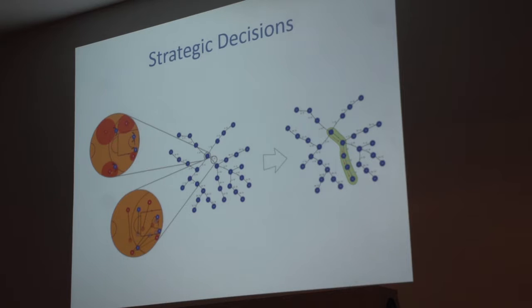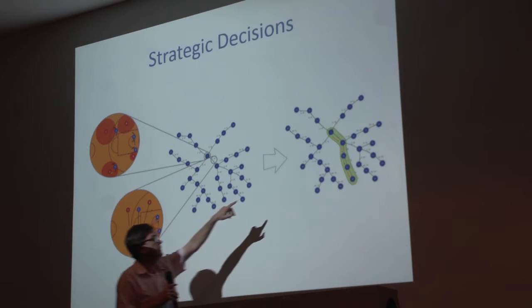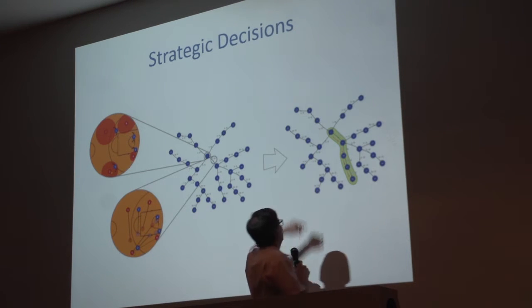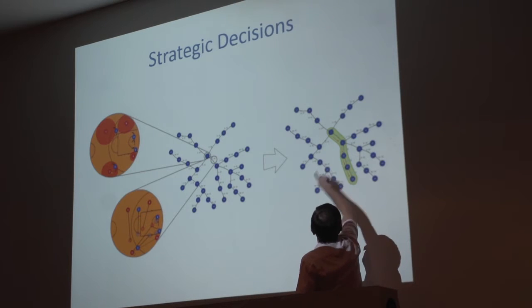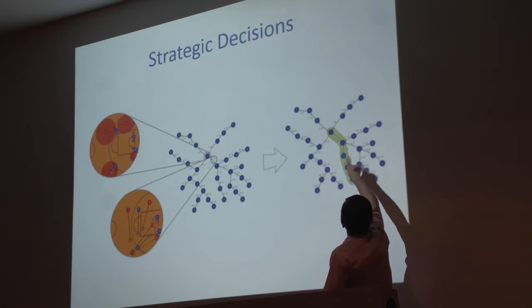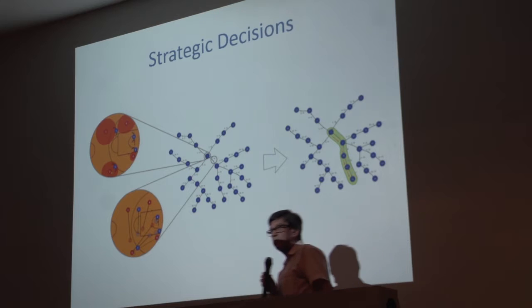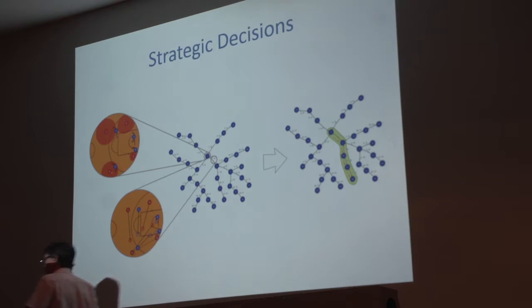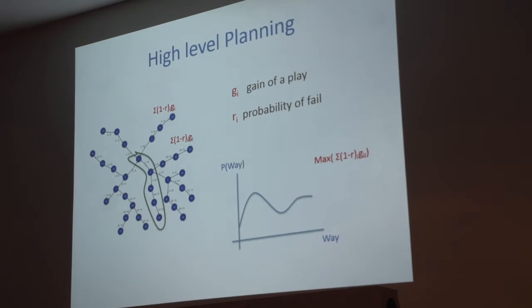Okay. Hence, once you have found this one, we have several ways to decide to go. We can go this way, we can go this way. Many options. What do you do in this case? Now we use an area of computer science that's called planning.